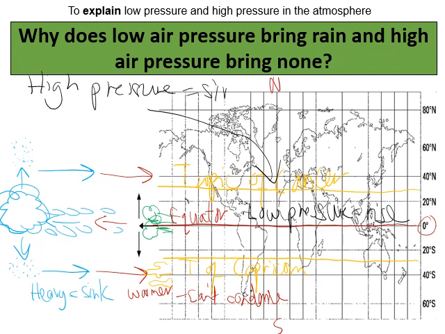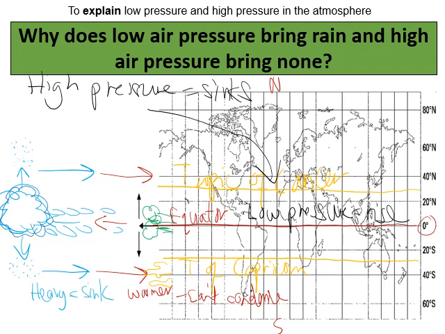And as it sinks, it's not able to cool and condense, so we don't get any rainfall. And that is why we know now that low air pressure brings rain and high air pressure brings none, because high air pressure sinks, so it's getting warmer instead of getting colder, whereas low air pressure is rising, so it's getting colder as it goes into the atmosphere, which allows it to make this condensation of clouds, and then it will rain.